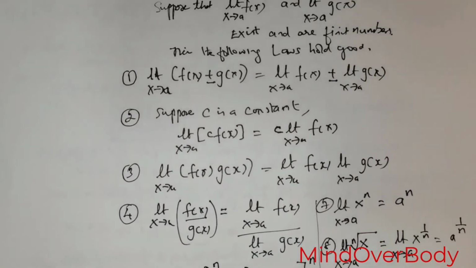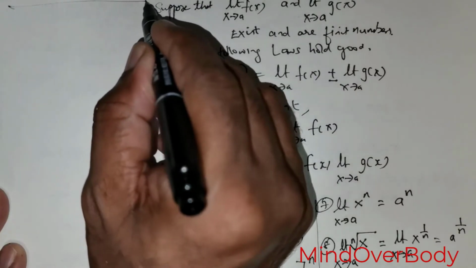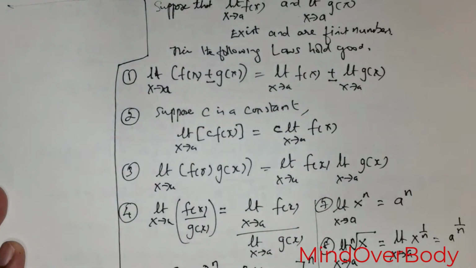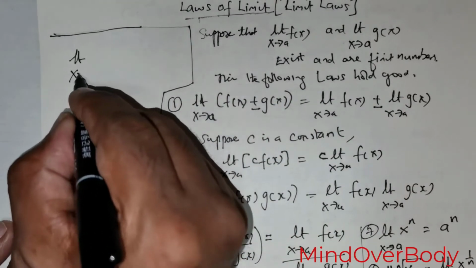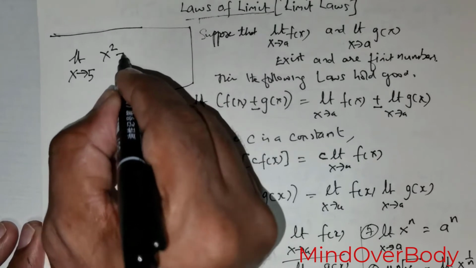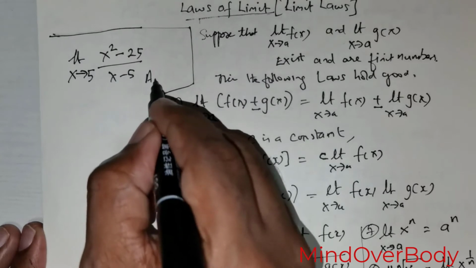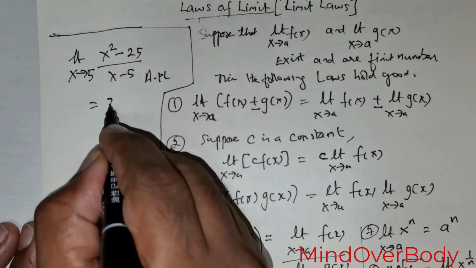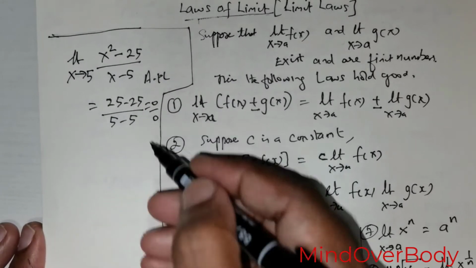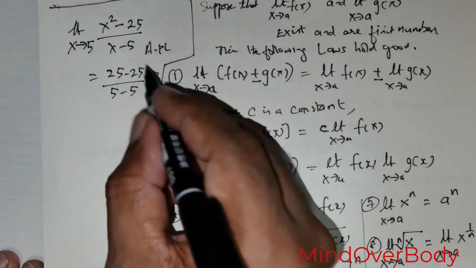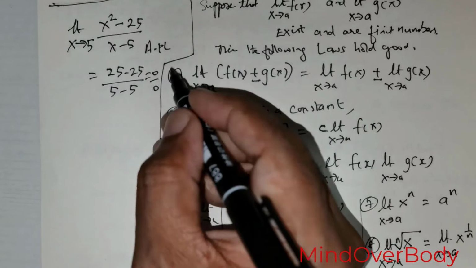Now let me use this particular space and show you one more question on factorization. Say you are expected to solve limit x tending to 5 of x squared negative 25 divided by x negative 5. Straightforward application of limits will give you 25 negative 25 divided by 5 negative 5, which is 0 over 0 form. As I mentioned to you, clearly they will come to a conclusion that the limit is not defined or the limit doesn't exist.